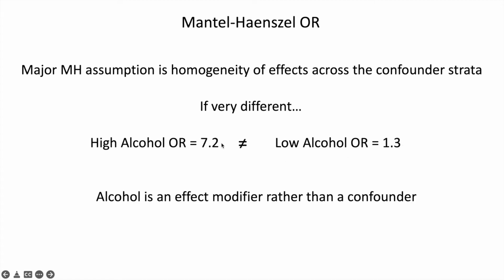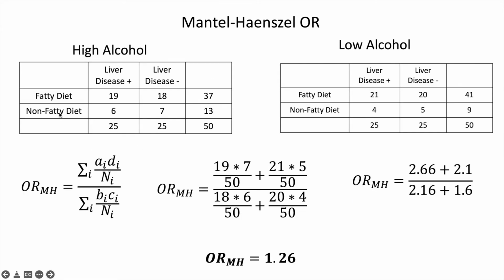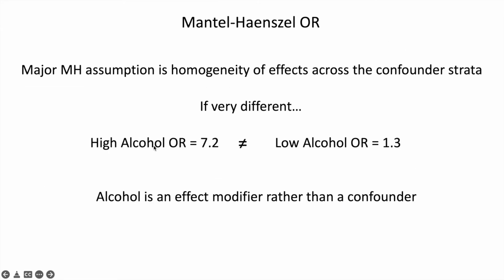If they were super different, like say in the high alcohol strata it's 7.2 and in the low alcohol strata it's 1.3, that would be an indication that there is effect modification happening here, where the relationship between fatty diet and liver disease is different among the two strata of alcohol. That would be an indication that alcohol is modifying the effect of fatty diet on liver disease.